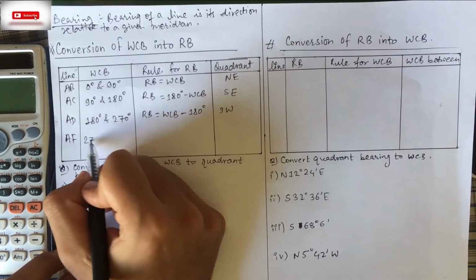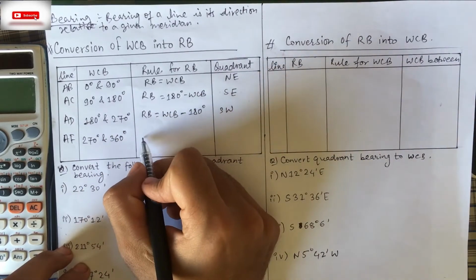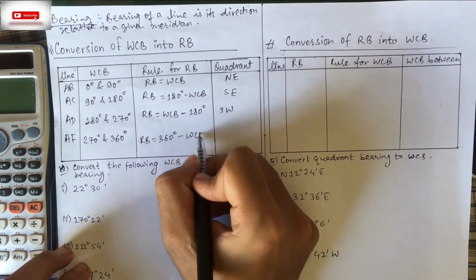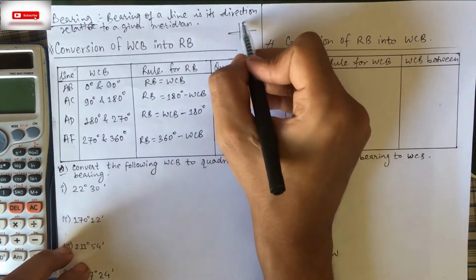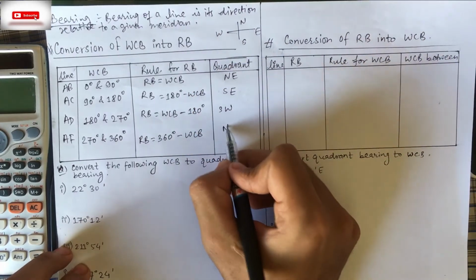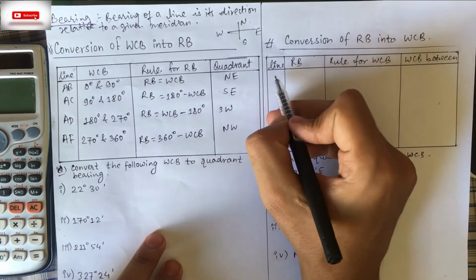Finally, 270 degree and 360 degree, and RB is equal to 360 degree minus WCB. This will be our northwest quadrant. Northwest means this side.